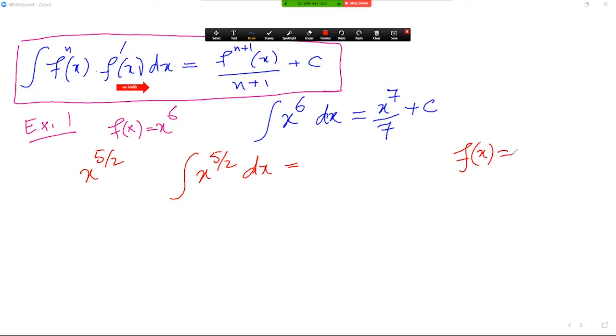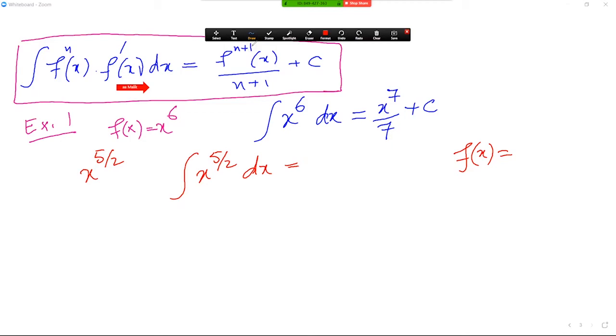Compare our formula with this question which we are trying to do. What is f(x) here then?